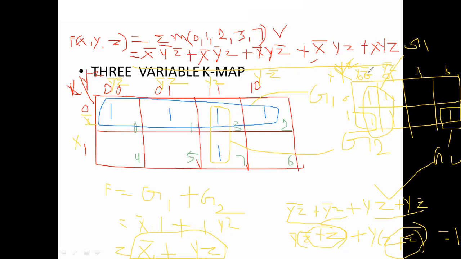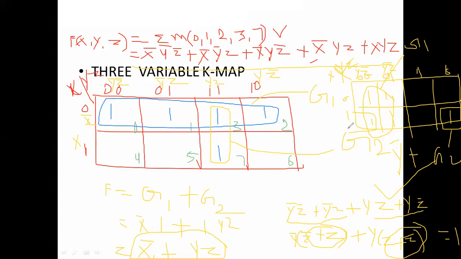Y bar is common. That's why group 1 has the result y bar only, because x bar plus x are both covered, so x bar plus x becomes 1. Out of these, only the common variable is taken. That's why y bar, plus group 2.